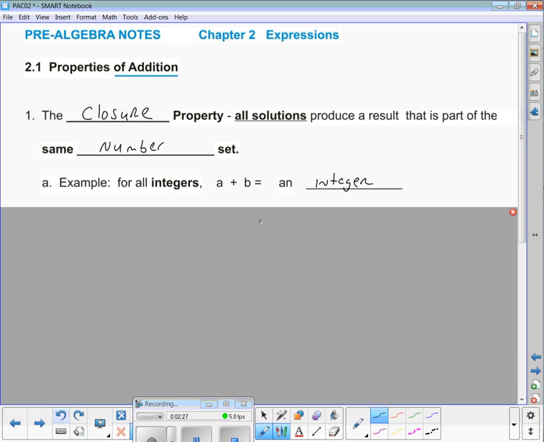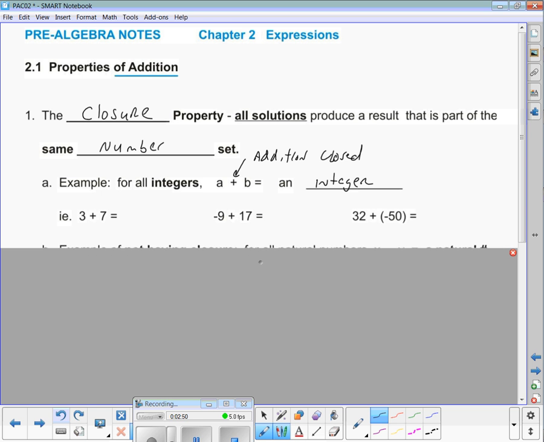In other words, is the operation of addition closed for integers? In other words, no matter what example you try, whenever you add two integers, do you always get another integer?